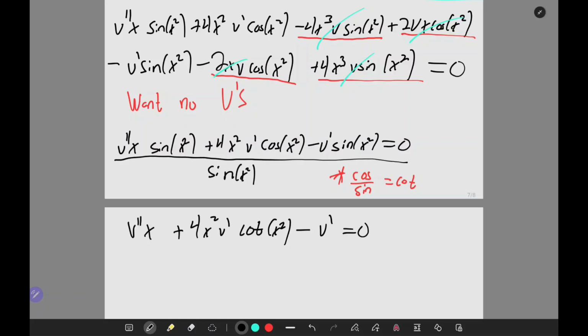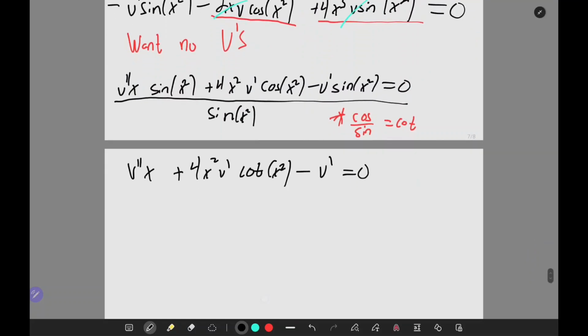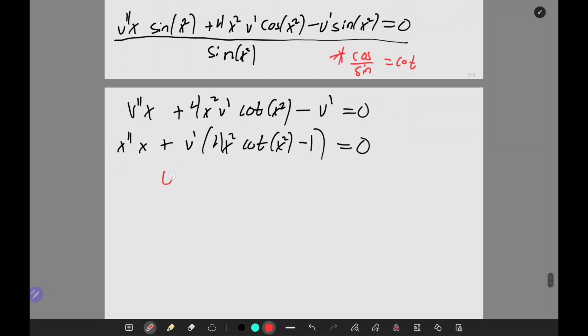Now let me see what we can do. Okay, I see something. We have something in common in these two terms to the right here. We have v prime in both, right? So I can take out a v prime here. And then we can apply our substitution where, remember, u prime is equal to v double prime and u is equal to v prime.